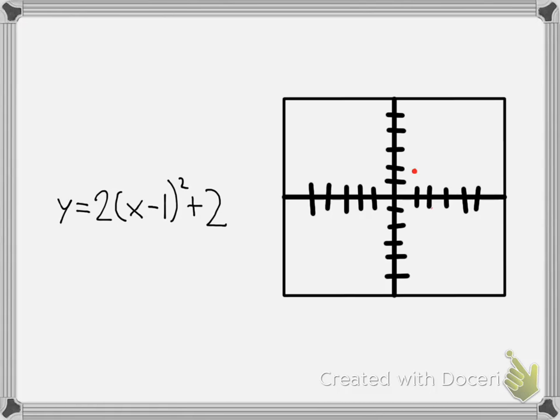So now that we have this point, it's pretty easy to find the other points. If we look at our a, we see that it's 2, greater than 1. This means that our graph is going to be stretched out. And since you only really need 3 points to graph a perfect parabola, an easy way to get the other 2 points when your a is a whole number is to just go up 2 and over 1 on each side to get the first 2 points.